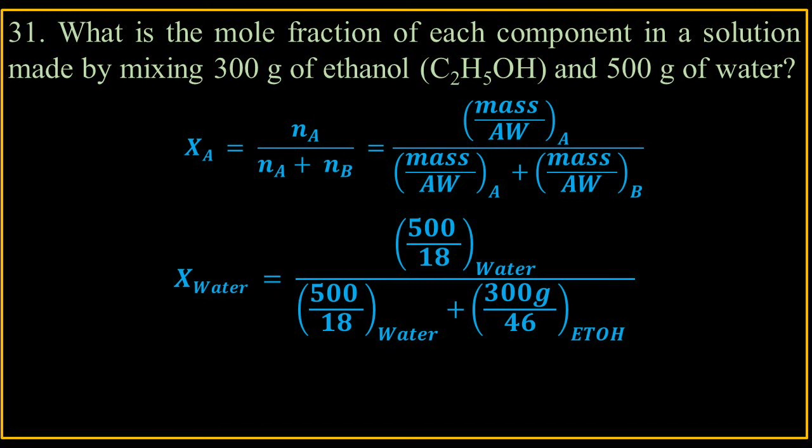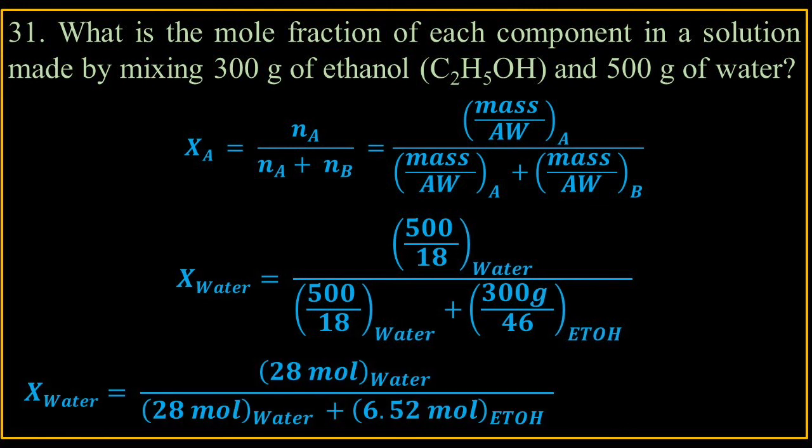Okay, so you see quite clearly that X of water, X sub H₂O, yields the moles of water over the sum of the moles of each component, and that's going to be 28 divided by 28 plus 6.52, which is 0.81.